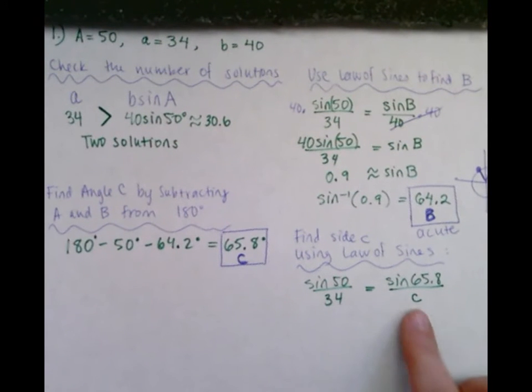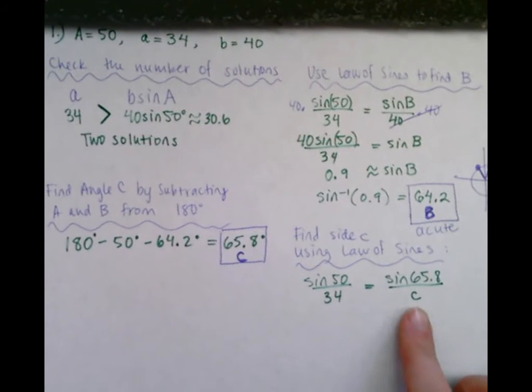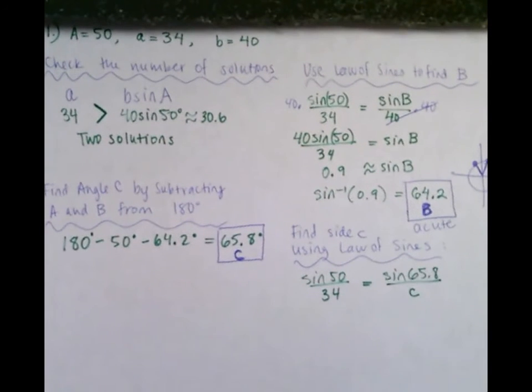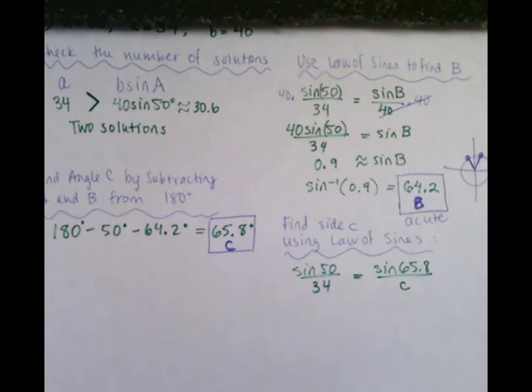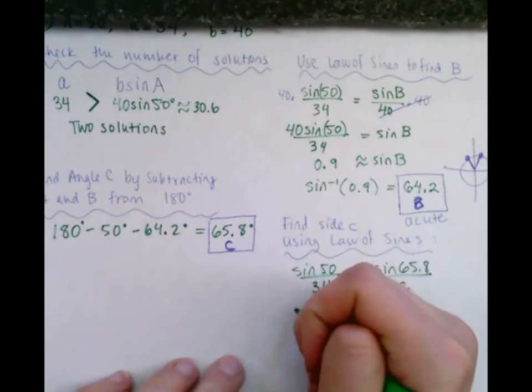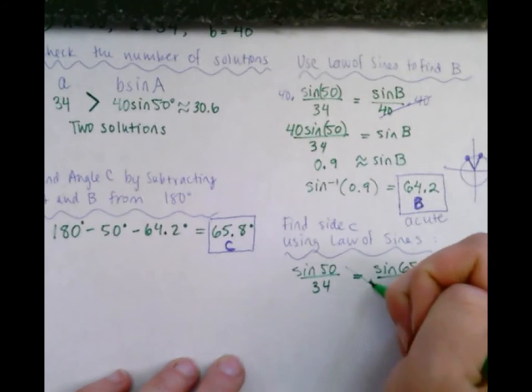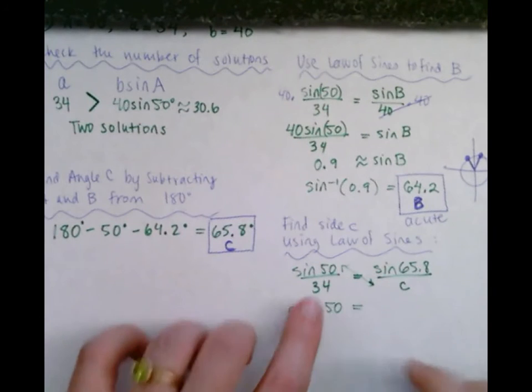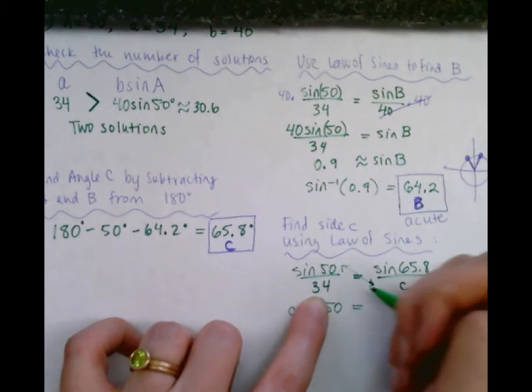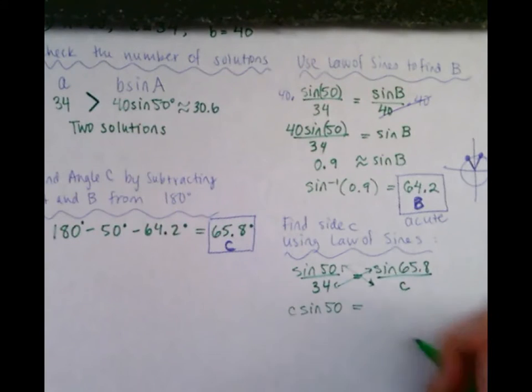Now, to get this little c by itself, you could think about multiplying both sides of this equation by c, and then you're going to have to multiply and divide by something. You could also always, when you see a ratio, cross multiply, and in this case, cross multiplying is going to get us to where we need to go faster. So if I do c times sine of 50, that's one of the cross multiplying, I get c sine 50 is equal to 34 times sine of 65.8.